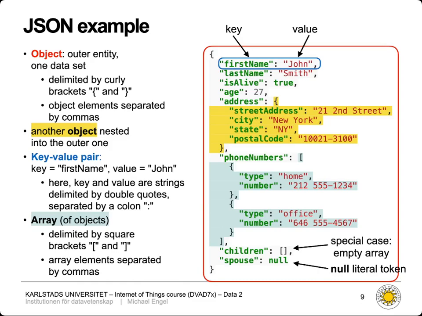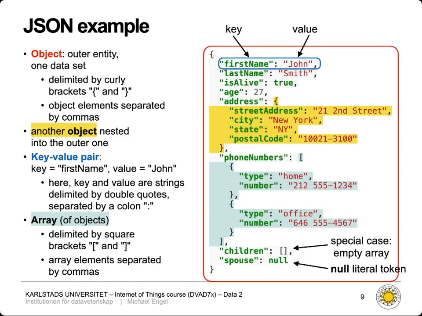And here we can have, again, different objects, type and number. So we can have a home phone number and an office phone number inside of this. This might remind you quite a bit of struct syntax and array syntax in C and Java, and this is probably intentionally done so because JavaScript also uses a C-like syntax.